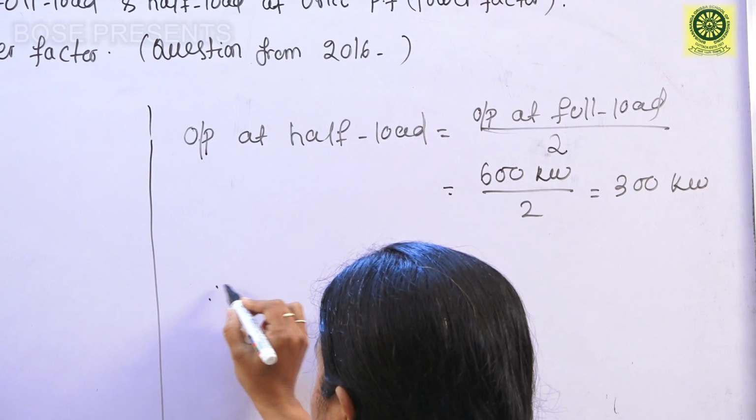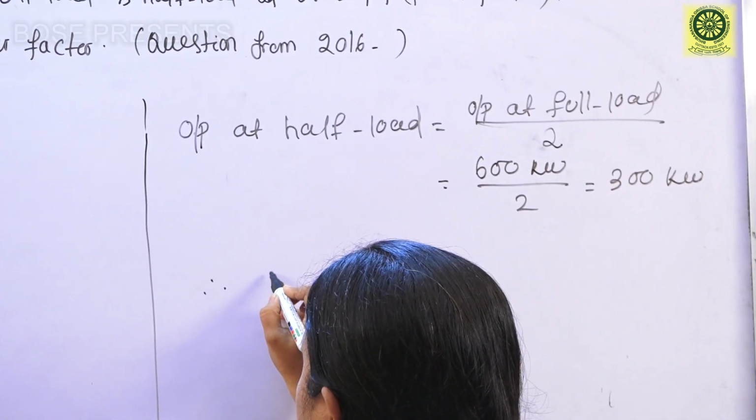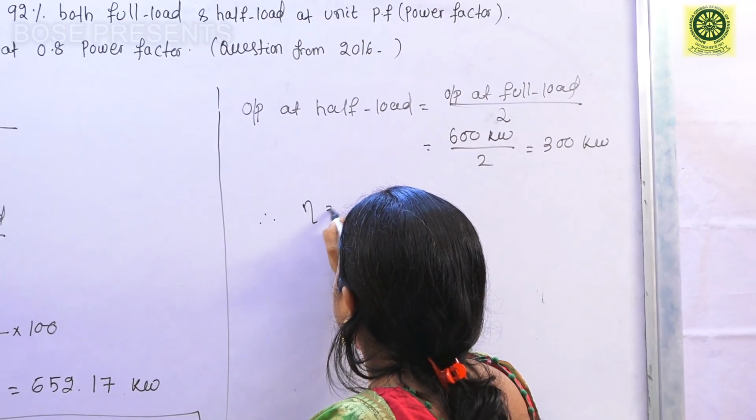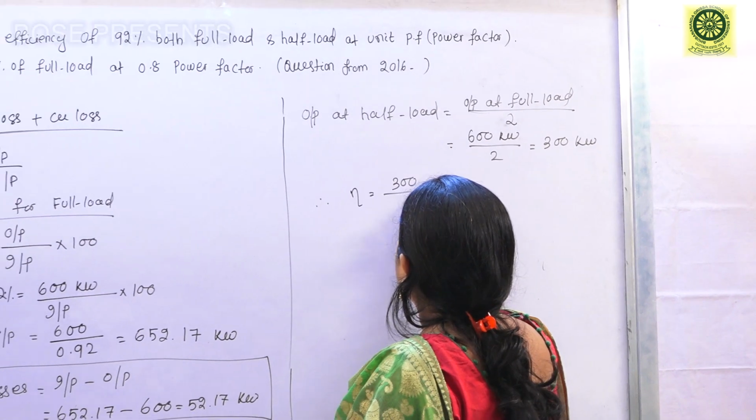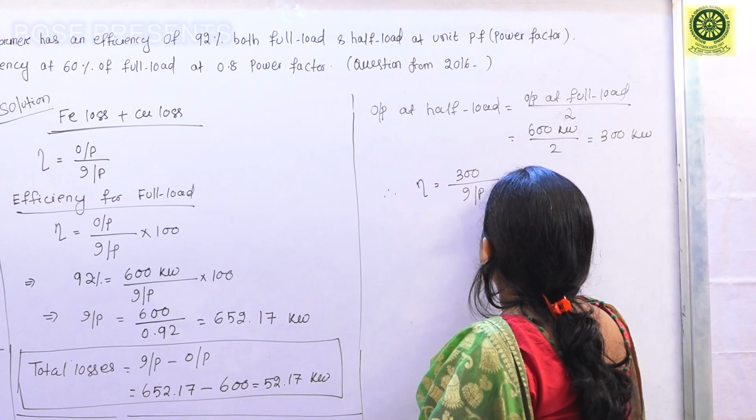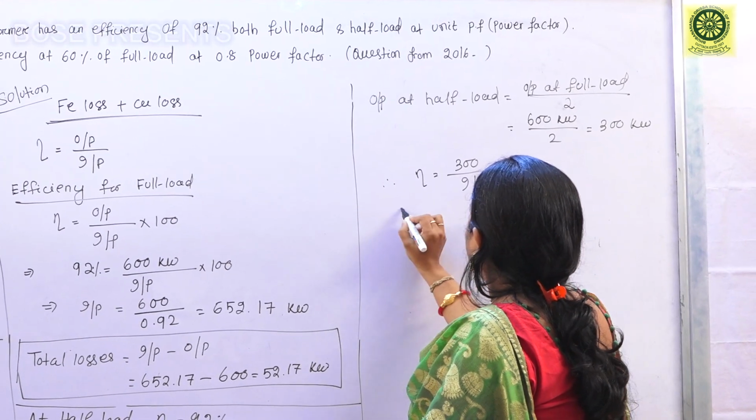Now the efficiency is 92%. That means we will write efficiency is equal to 300 divided by input into 100.